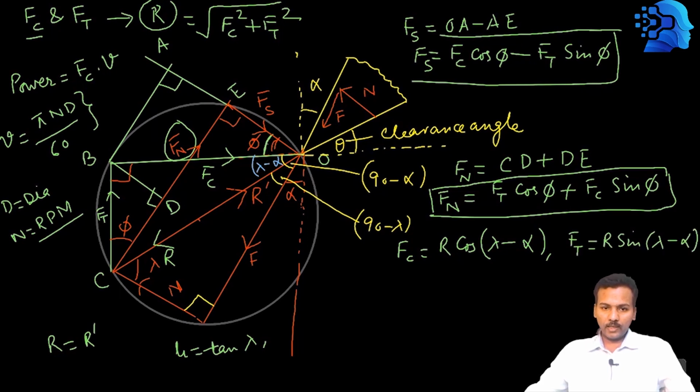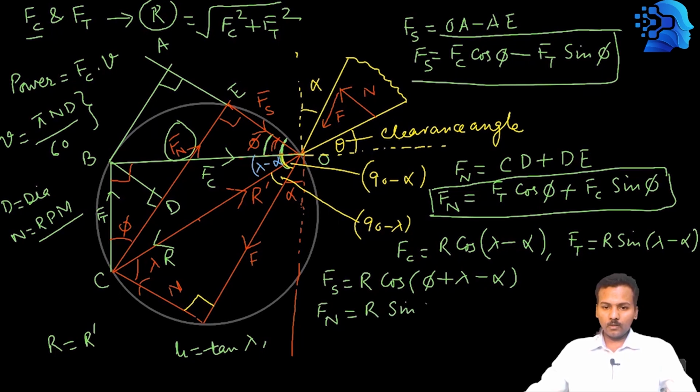Fs is equal to R cos of this angle. This angle is phi plus lambda minus alpha. So it can be written as R cos of phi plus lambda minus alpha. And similarly, Fn is equal to R sin of phi plus lambda minus alpha. Again the value of F, you know that this angle is 90 minus lambda.